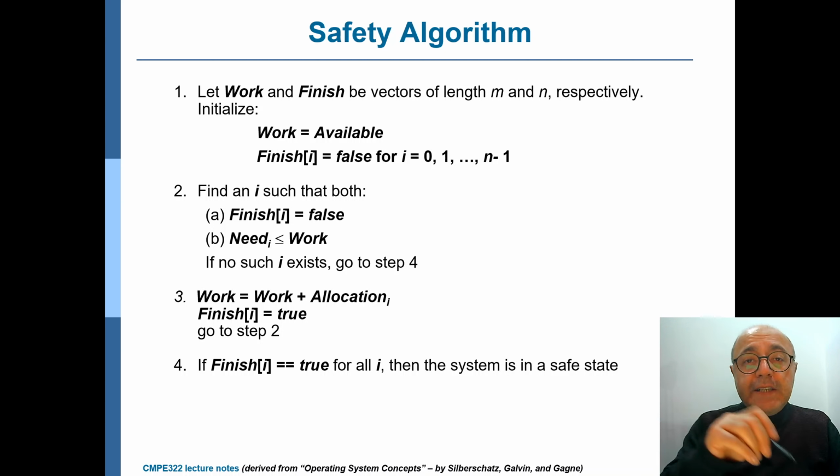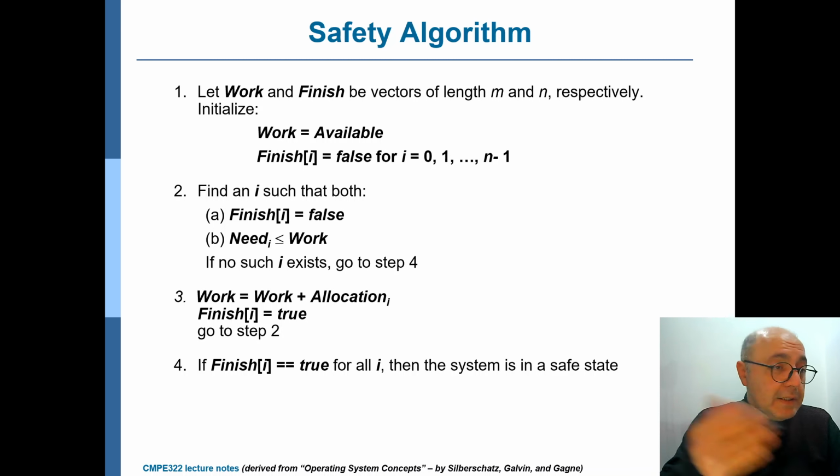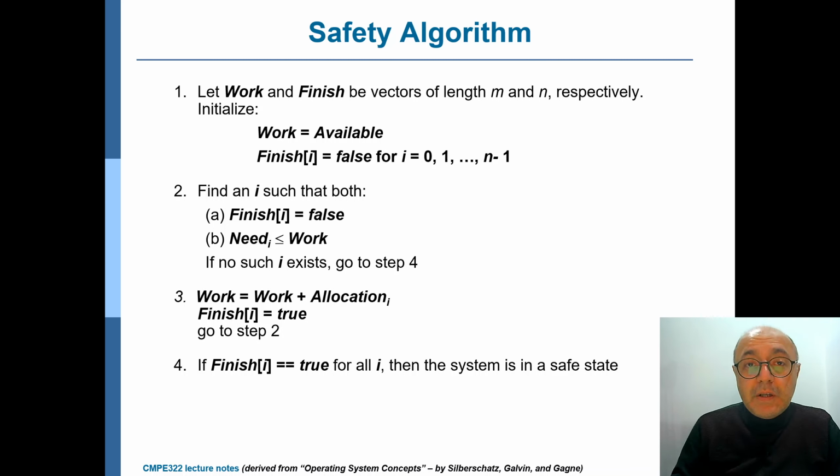When you cannot find any other such process Pi, go to step 4 and check if all of the processes have been marked as true. If all of them have been marked as true, yes, you have found a sequence in which all processes could be completed. Once again, I could find one sequence of completing processes. You could find another one.